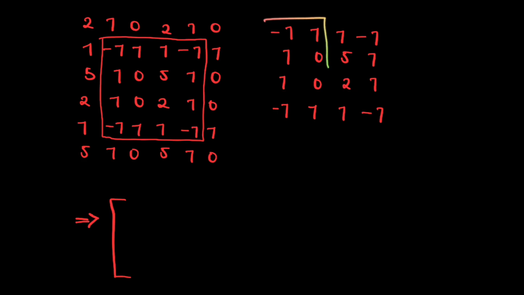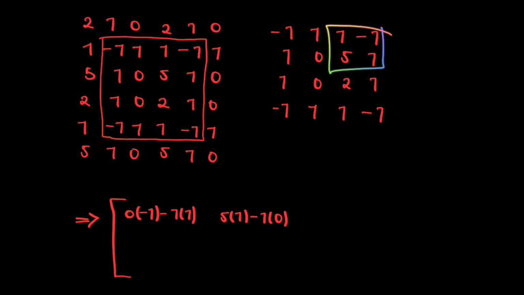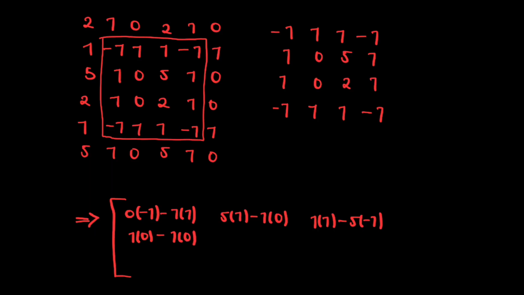We take the first 2 by 2: 0 times minus 1 times 1. We take the next: 5 times 1 minus 1 times 0. The next: 1 times 1 minus 5 times minus 1. The next: 1 times 0 minus 1 times 0. The next: 2 times 0 minus 5 times 0.